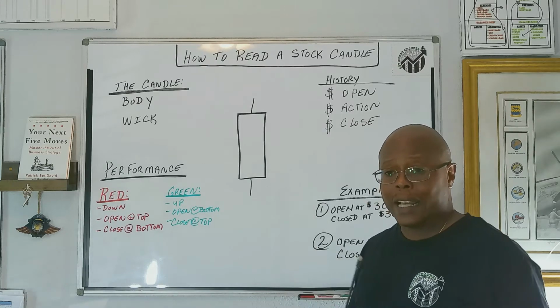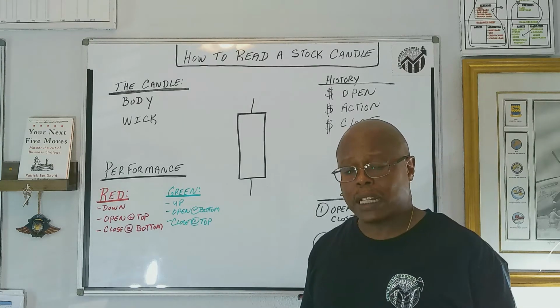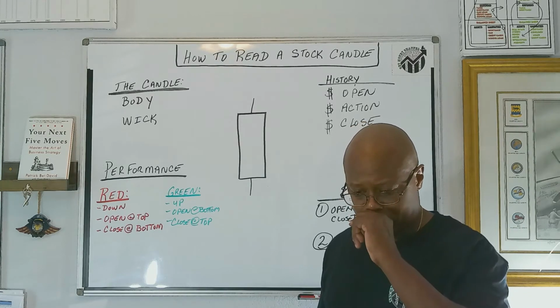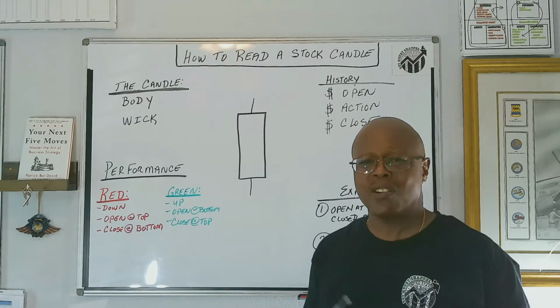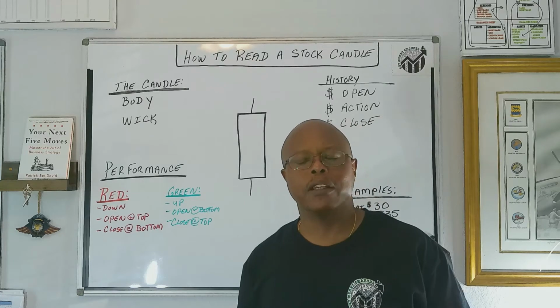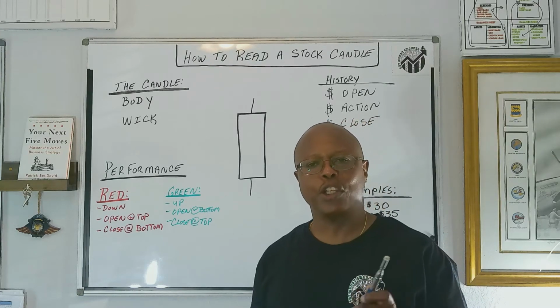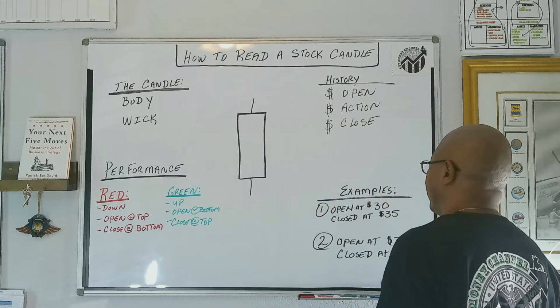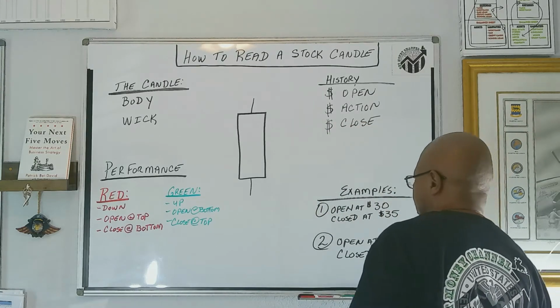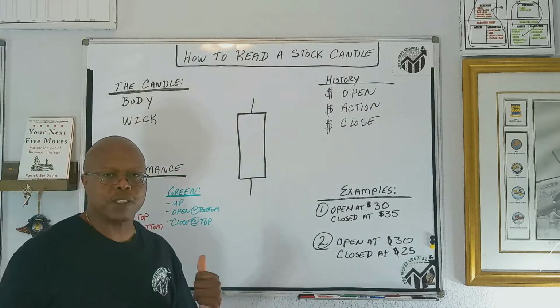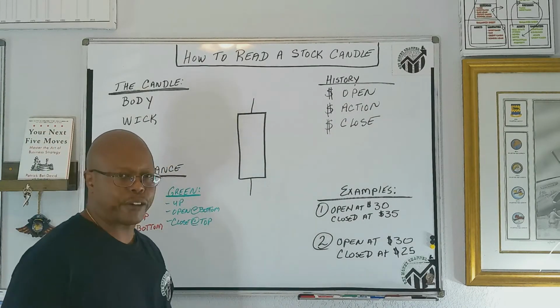Now, that's it in a nutshell, but I think to get a better understanding, let's look at some examples. No, better yet, let me give you a test, and I'll give you this test using examples. All right, the first example that we're going to use here, the stock opens at 30 and it closes at 35.